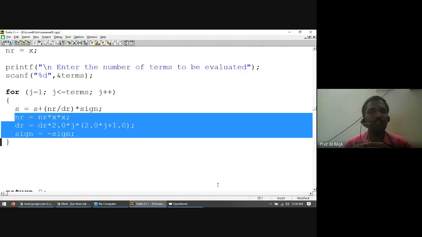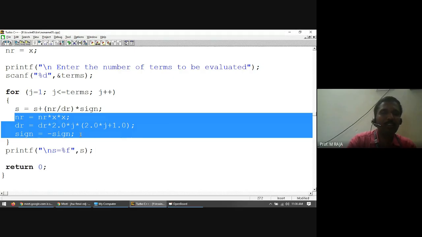When terms is equal to 3, first 3 terms are evaluated, and the result is updated in the variable s. Finally, we need to print the value of s. printf of slash n, s is equal to percentage f, comma, the variable s. The value of s is printed.